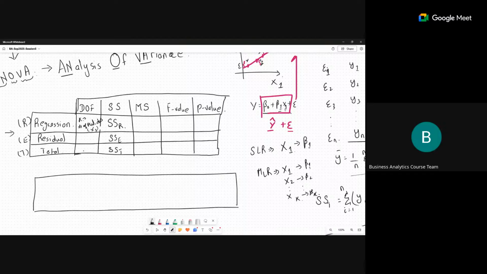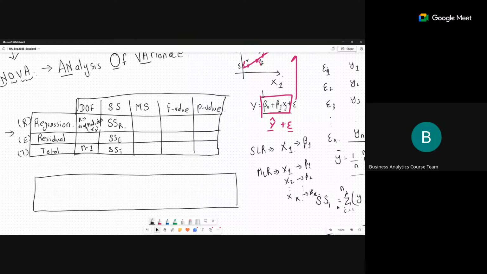The total is nothing but n minus 1. Why? Because I have n data points. Of that, one data point is required for calculating beta 0. So there are n minus 1 degrees of freedom for the total variability to move.